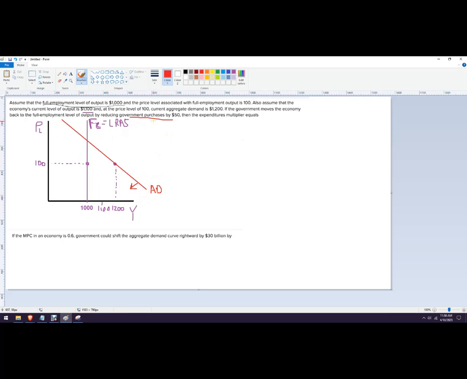When we do that, it's going to eliminate jobs, and that's going to eliminate consumer spending. It's going to eliminate investment. It'll eliminate other government spending too. So by decreasing by 50, we're going to multiply that by the spending multiplier, whatever that happens to be. So to consider this, we're shifting from here to here.